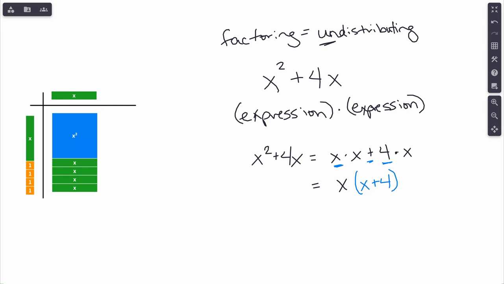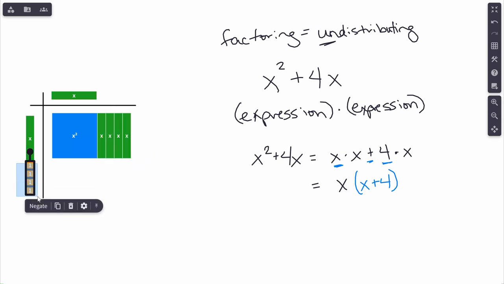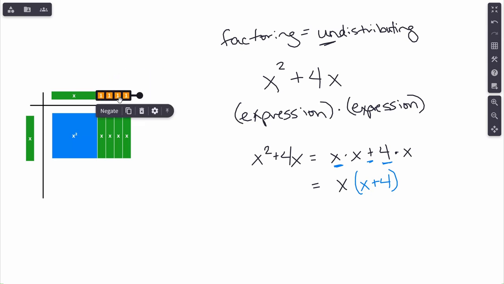Now I did say earlier, just to close the loop here, what if I had arranged these the first way we looked at it, vertically along the side? Well, that just means that these 4 right here move up to be part of the across, and now we have x plus 4 times x.